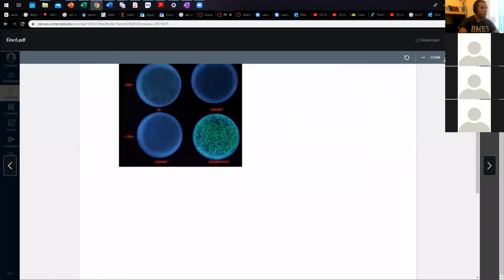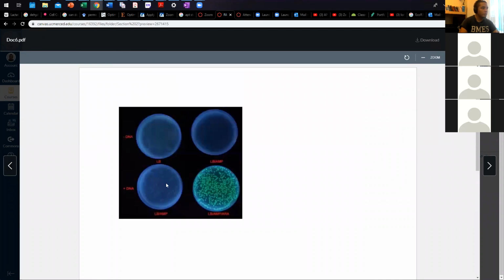So zoom. So pretty much, yeah. This plate has no plasmid, it has no ampicillin, it just has broth. So you just see a blob of growth of E. coli. Here you have no plasmid, but you do have ampicillin. So since without the plasmid, there's no resistance, all the E. coli dies in this plate.